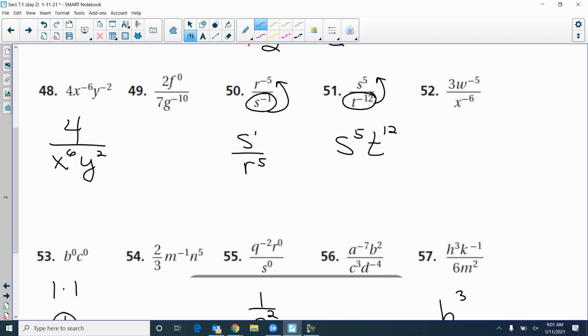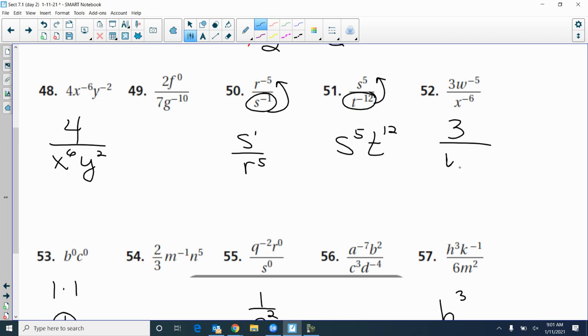All right, so now let's see, Rachel. How you doing? How about 52? Do you see any negative exponents? Yes. Does 3 have an exponent written there? No, so it does not move. What do I do with the W to the negative 5th?